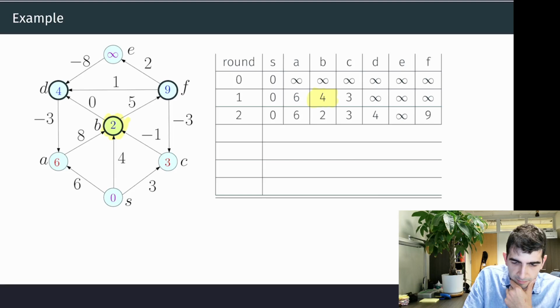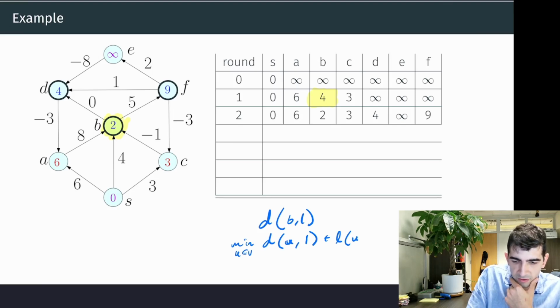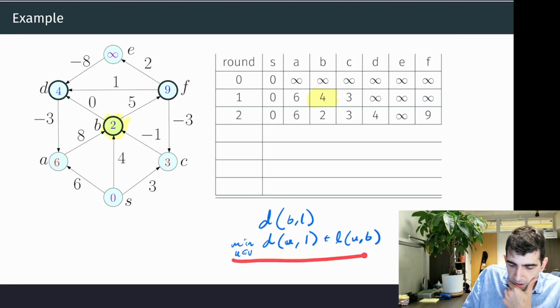d_{k-1}(B), or it's d of some intermediate vertex, some vertex u in V, using k-1, plus the length of edge u to B. Okay, so we go through all the other vertices, and in fact we find that there is an edge right here.